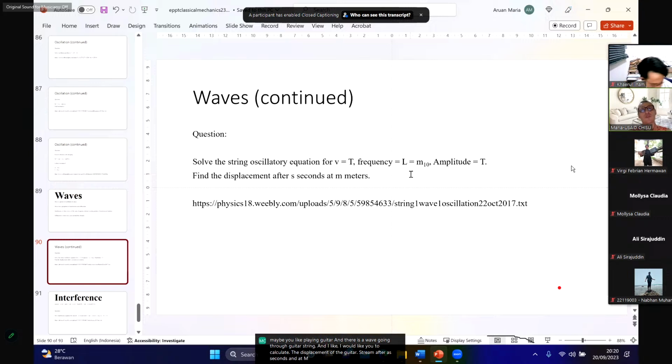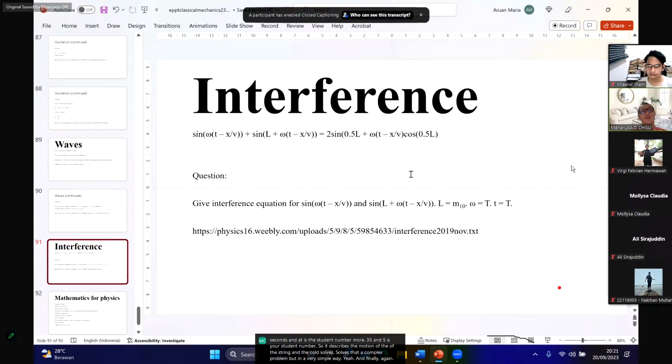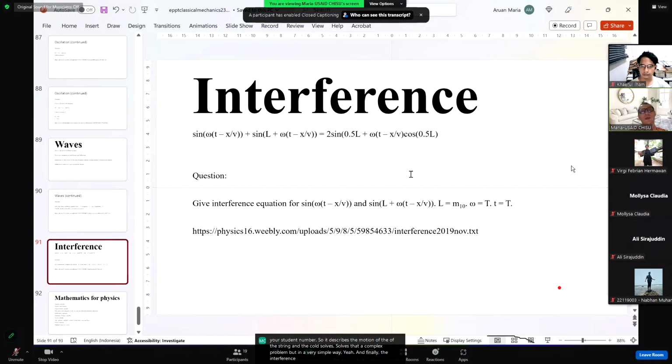M is your student number mod 35 and s is your student number. So it describes the motion of the string, and the code solves that complex problem, but in a very simple way.